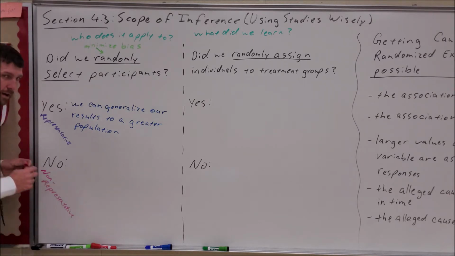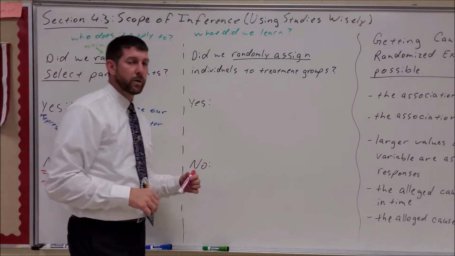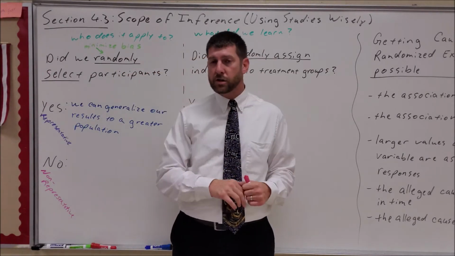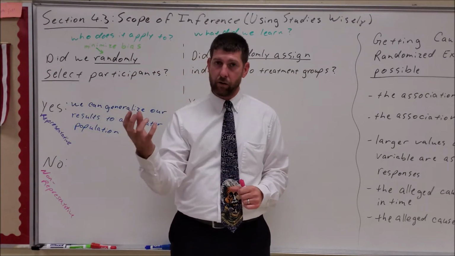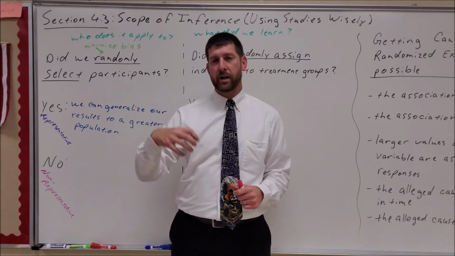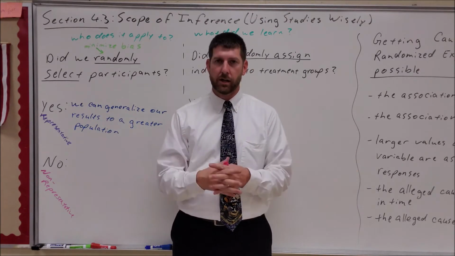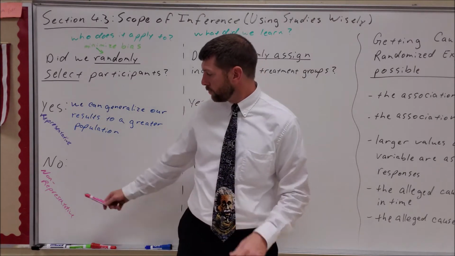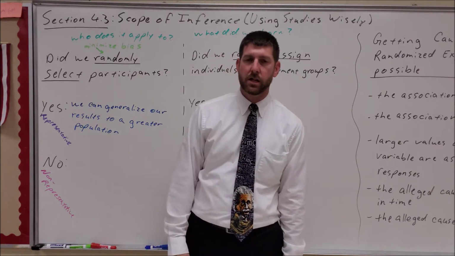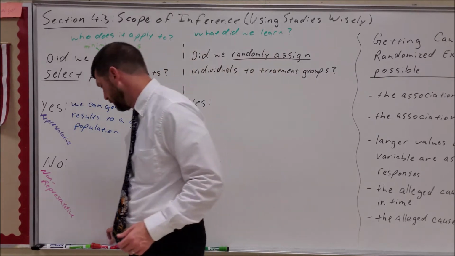And if it's a non-representative sample, then we didn't learn about the whole population because there may be some characteristics of that group that are explaining why they're answering the way that they are, instead of characteristics of the population that they're actually trying to represent. So because they are non-representative, we're not learning about the whole population.